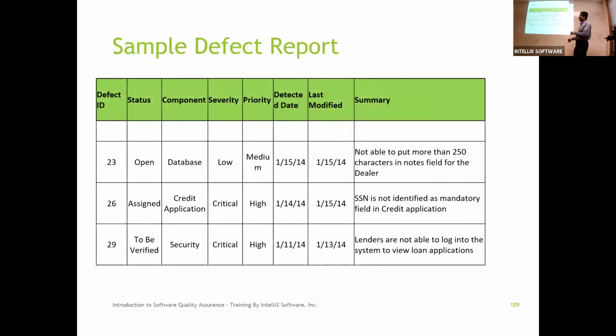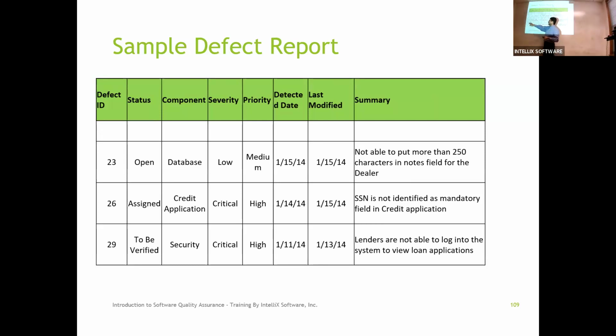Here is an example of a defect report. This is not comprehensive. I tried to minimize it to show it on one page. In reality, when you look into the defect system, it's going to have all those attributes that we talked through. But this is a quick glance at the defects.